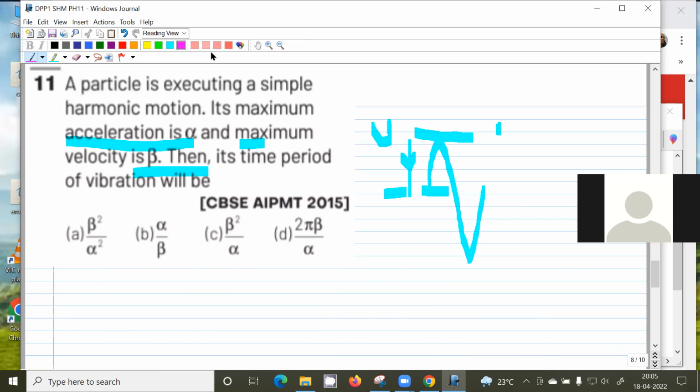What is the answer? The maximum velocity is beta, so it is at x equals 0.